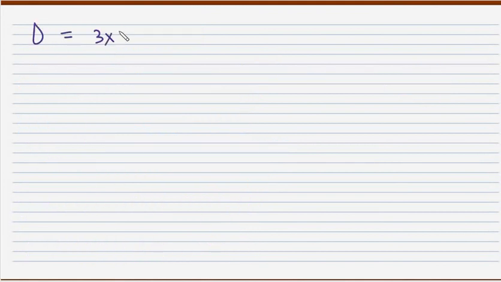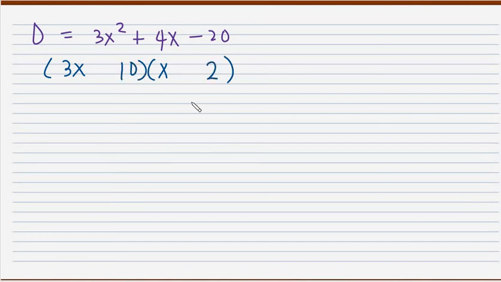If we factor it, (3x minus 10)(x plus 2)... check: 10x minus 6x is 4x, 10 times negative 2 is negative 20, and 3x times x is 3x squared.